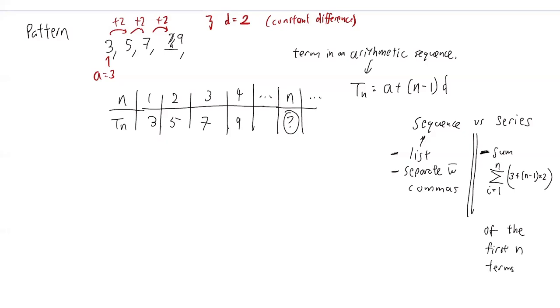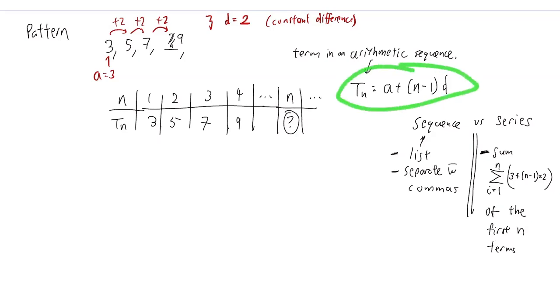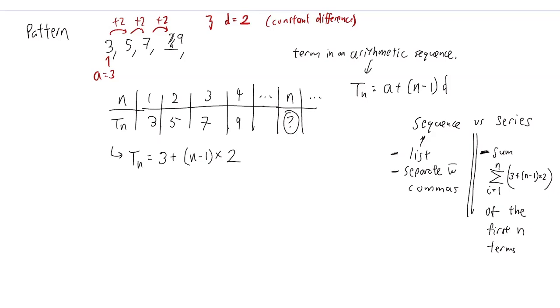So we got the generic expression Tn equals a plus n minus 1 d. In this case, your Tn is 3 plus n minus 1 times the common difference of plus 2. Is that okay? In this case, that is an arithmetic sequence.